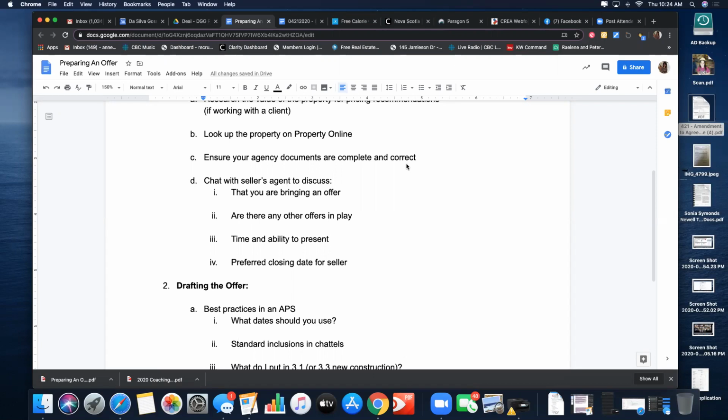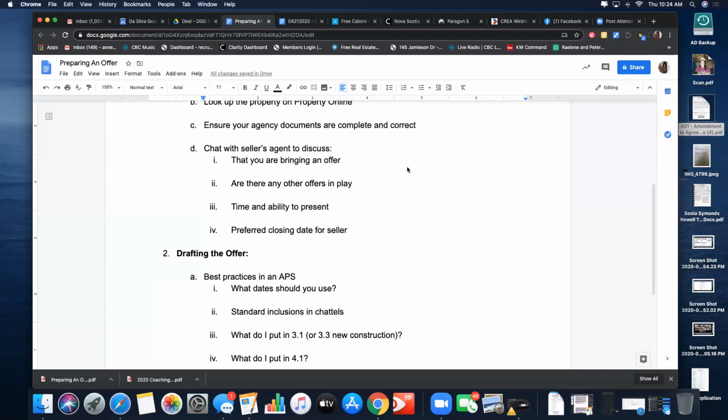So the mindset and the methodology with which you approach this transaction will make a big difference in how the deal goes all the way through closing, including inspection. Your agent on the other side is a peer with whom you are working to create a transaction. They are not the enemy. They are the person who controls the product you want. So we need to be mindful of how we're approaching these deals, okay?